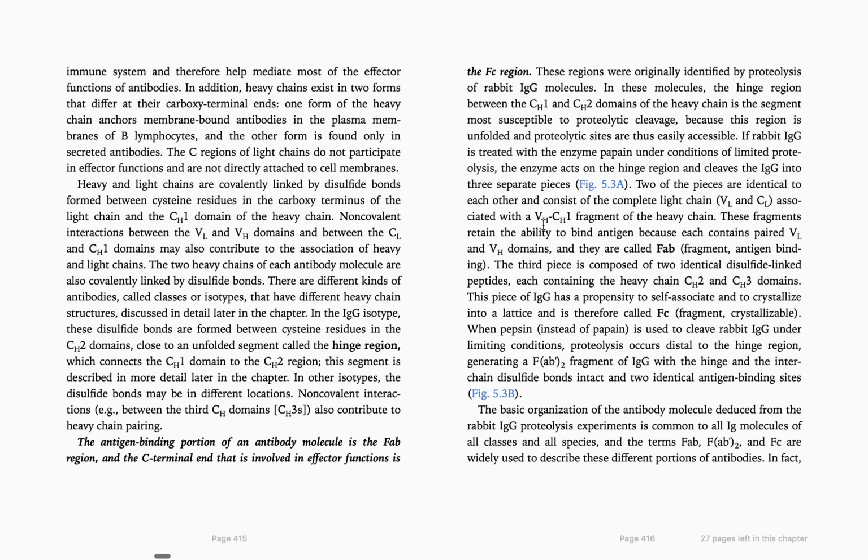also associated with the variable heavy chain and the constant heavy chain 1 fragment of the heavy chain. These fragments retain the ability to bind antigen because each contains paired variable light and variable heavy domains, and they are called Fab, the fragment antigen binding.